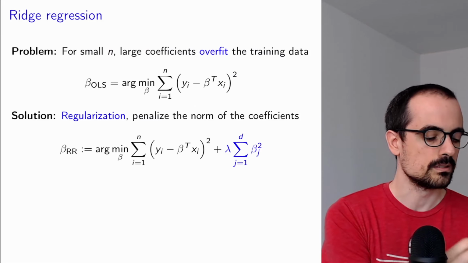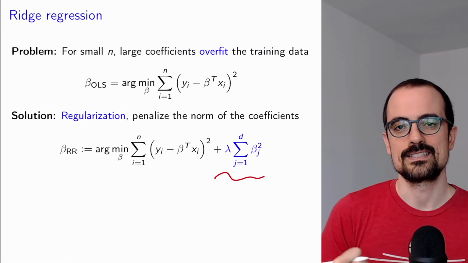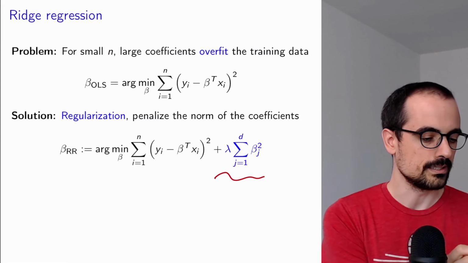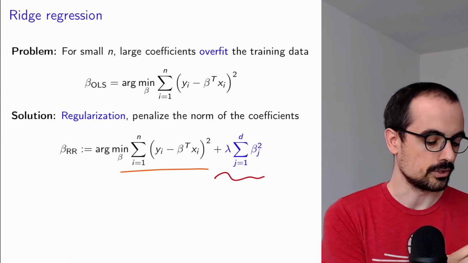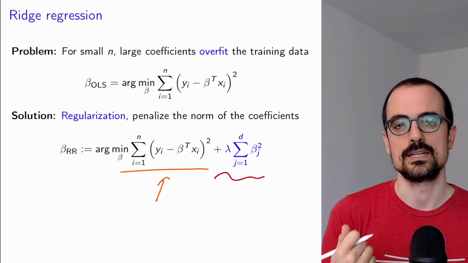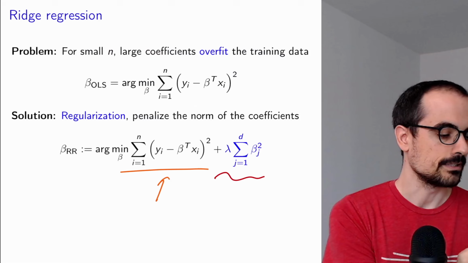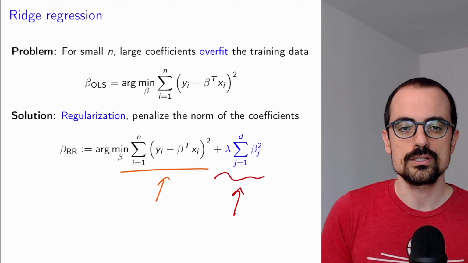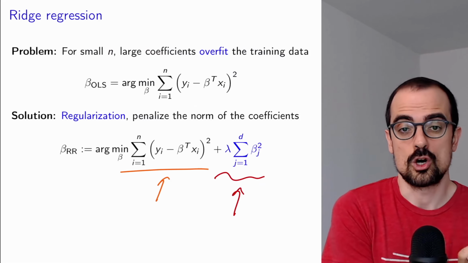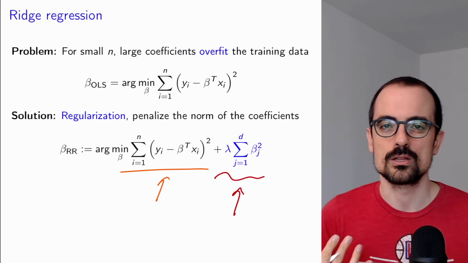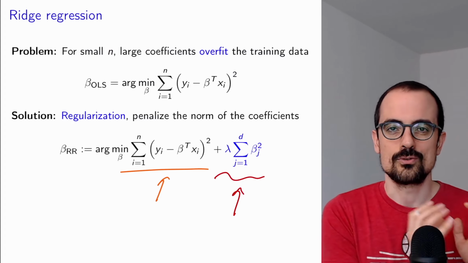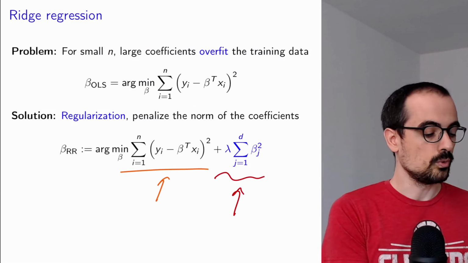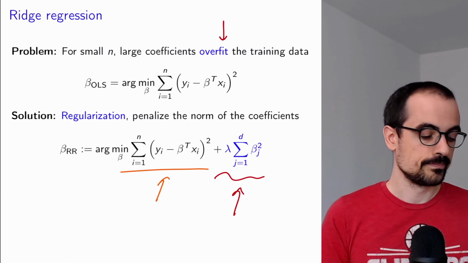A very reasonable term to add is the sum of squared coefficients, because if we minimize this whole quantity, here we have a term that corresponds to the training error and then a term that corresponds to the sum of squared values of the coefficients. If we minimize this whole cost function, we're kind of telling the model, sure, fit the training set, but don't use coefficients that are too large, because we know that when you do that, we tend to overfit.